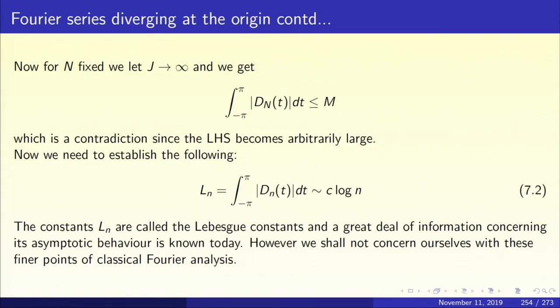Many research papers have been written on this, but we shall not be concerned with those delicate points of analysis concerning these Lebesgue constants. We'll only need this very coarse estimate that this number ln is approximately c log n, and when n goes to infinity, this goes to infinity. This is all that we really need.